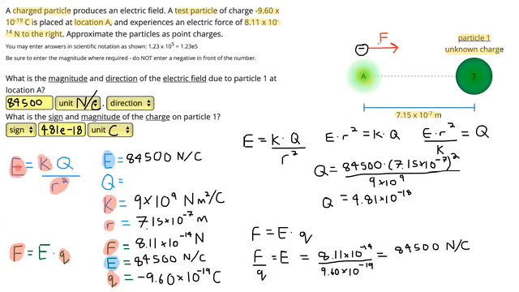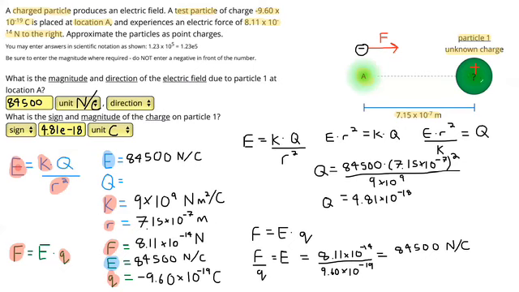We know we have a negatively charged test particle, and we know it experiences a force to the right. So based on that, we know the test particle and particle 1 are attracting one another. So they must be oppositely charged. Therefore, particle 1 must have a positive charge.